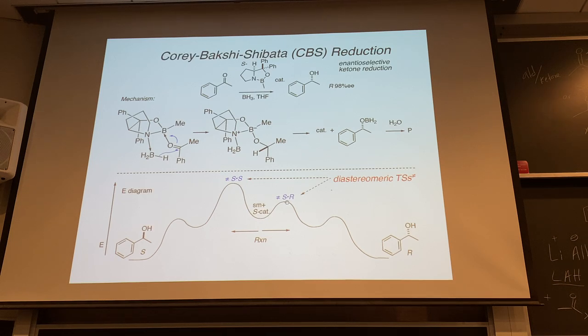The transition states leading to the 2 enantiomeric products are different. This is creating the R stereocenter in this transition state. This one's creating the S stereocenter in the product. What's the relationship between these 2 transition states? They're diastereomeric. This is the S, pro-R transition state. This is the S, pro-S.